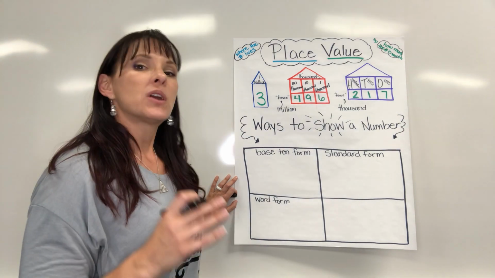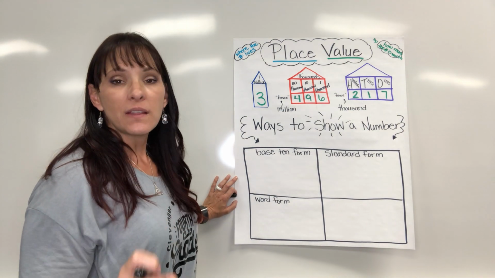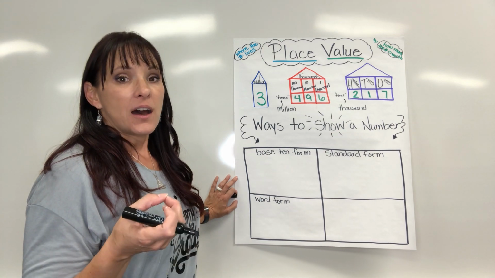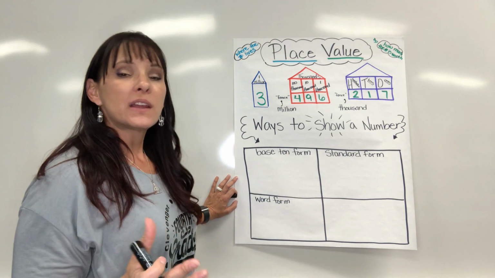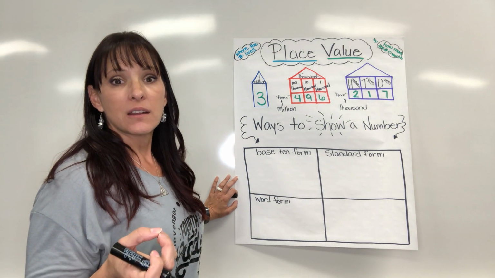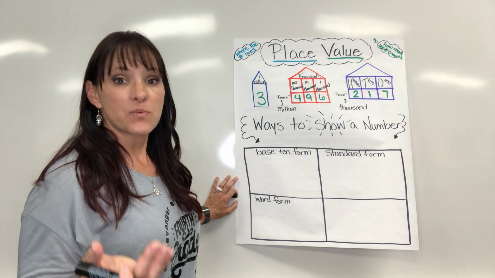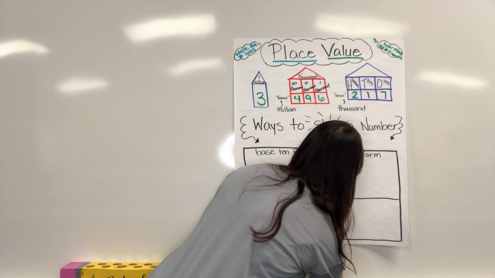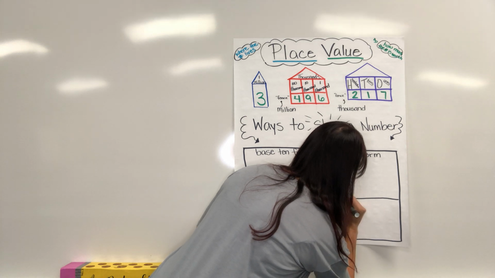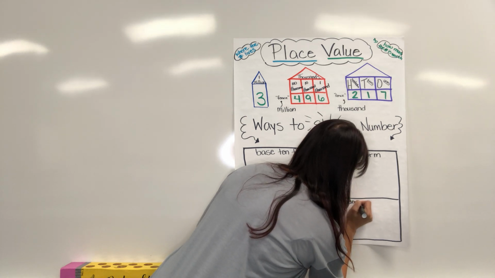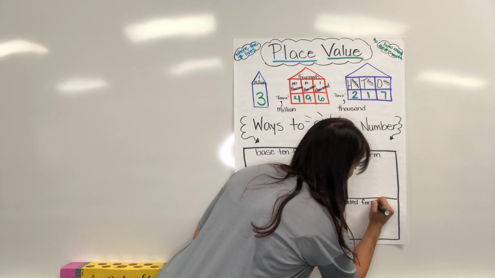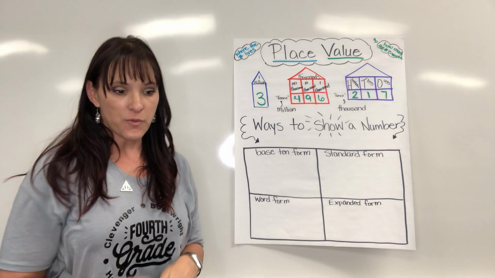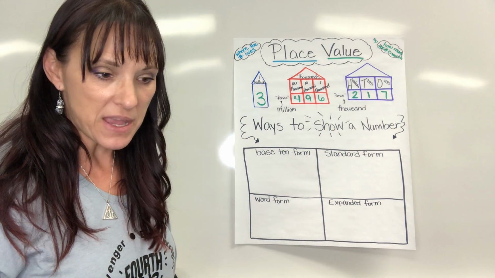If you know the number in expanded form, it's really going to help you understand the value of the digits in that number, and it's really going to help you make sure that you're making correct estimations when you're coming up with your answers. So expanded form is the final form.